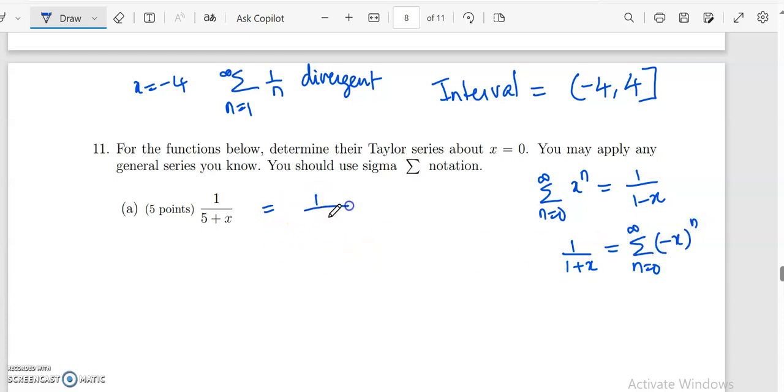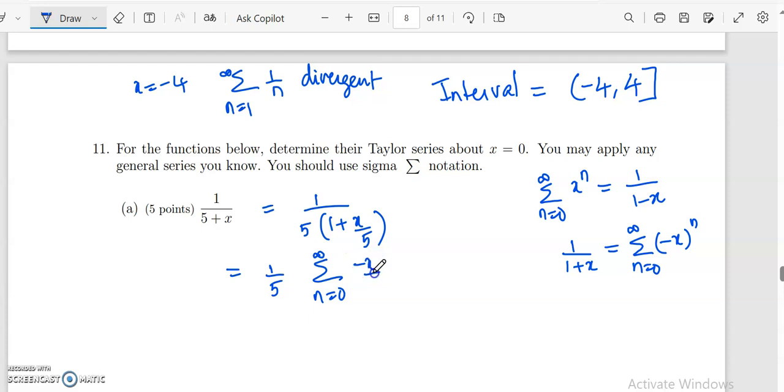So this can be written as 1 by 5 into 1 plus x by 5. So we have 1 by 1 plus x by 5, that is of this form, where in place of x we have x by 5. So this will be equal to 1 by 5, summation n equal to 0 to infinity.